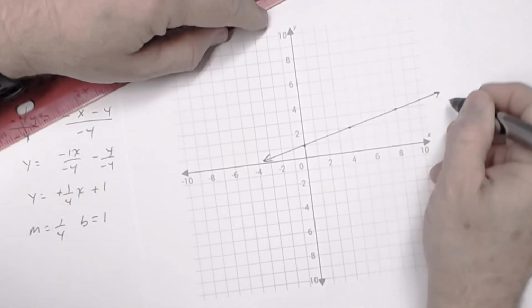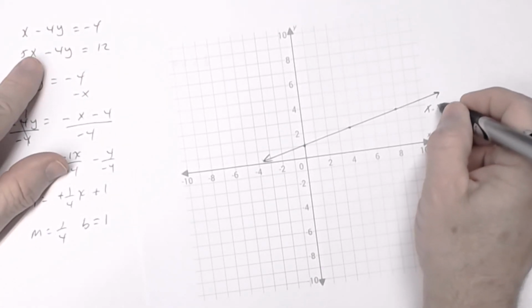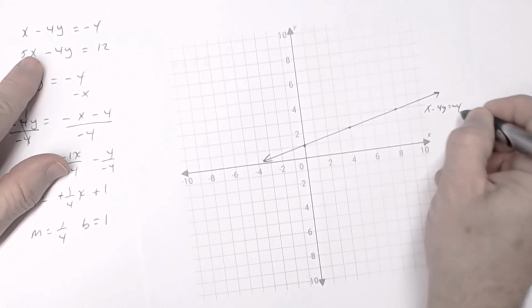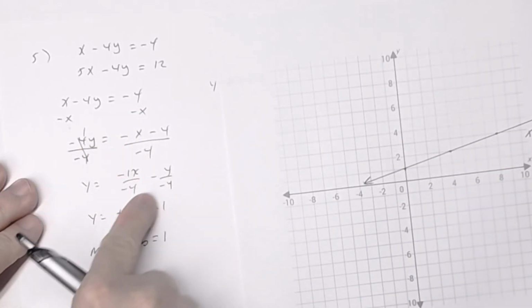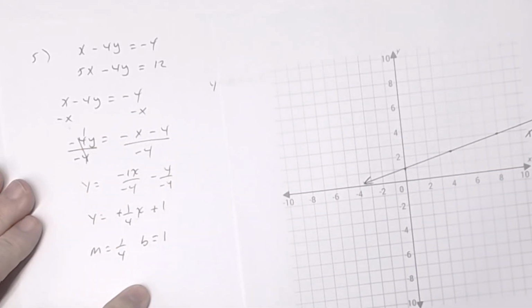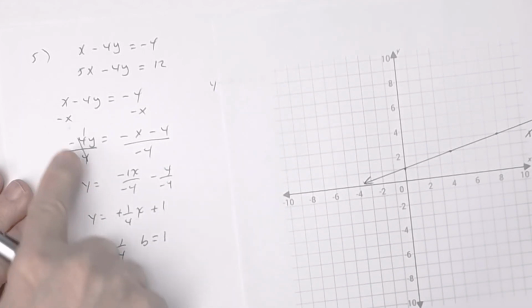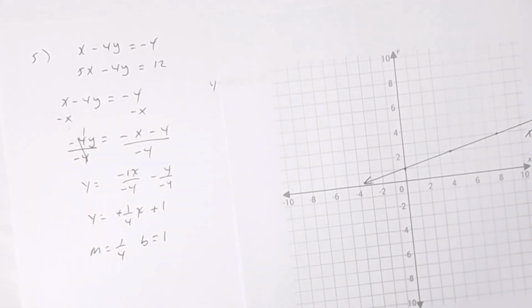Okay, so that's the line x minus 4y equals negative 4. Now you got to be careful, just to let you know, I could have easily messed up anywhere in here, so be careful through the process right here.